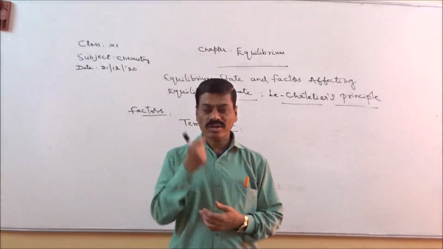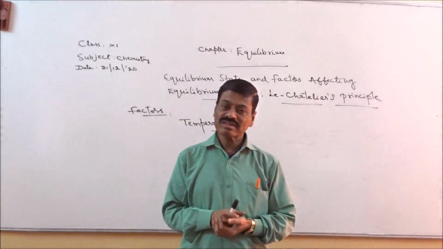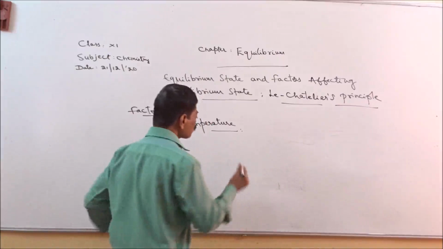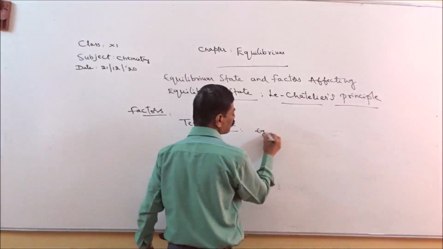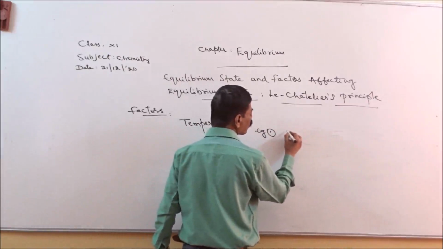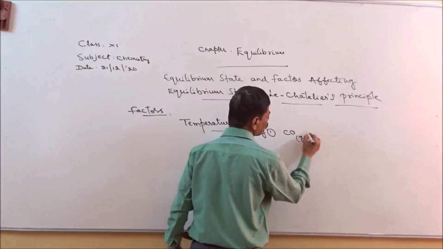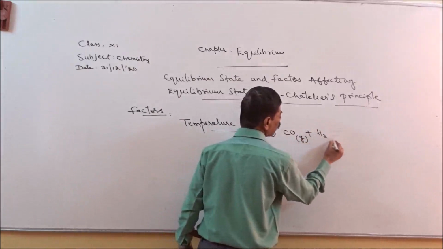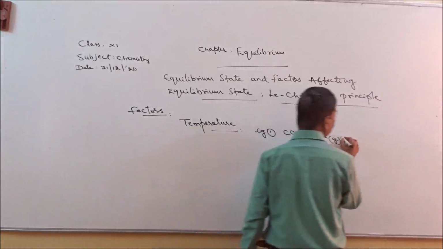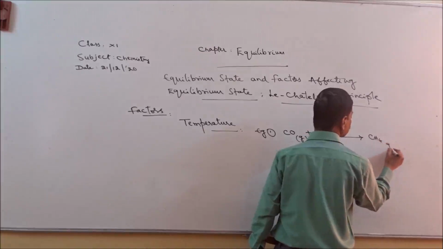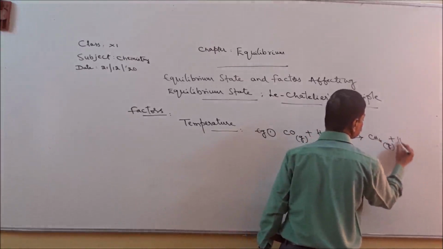Now we are going to see one example wherein carbon monoxide gas reacts with hydrogen gas to form methane gas plus water.